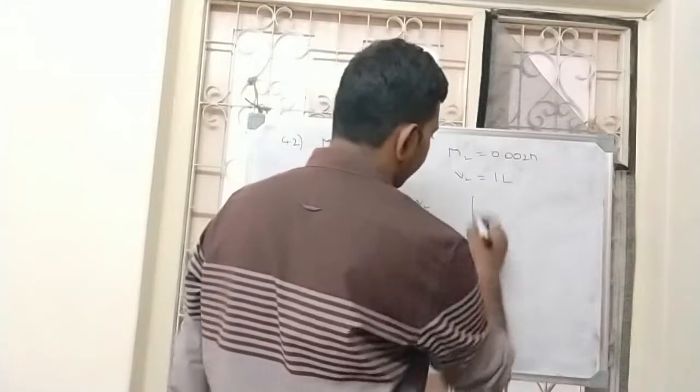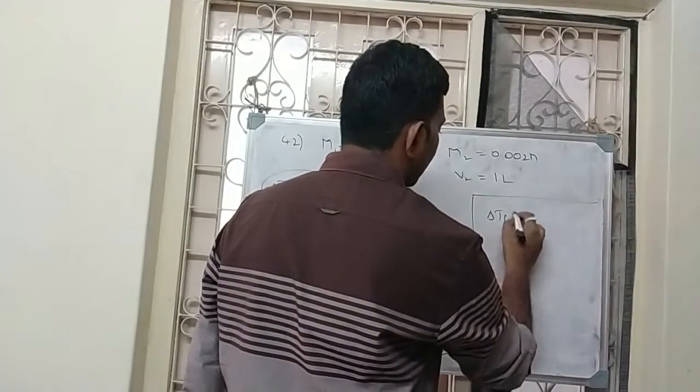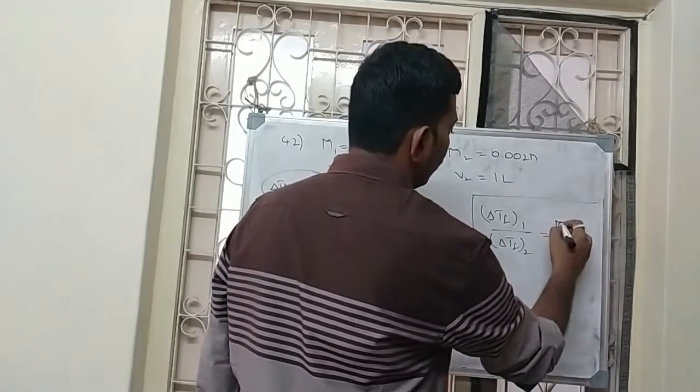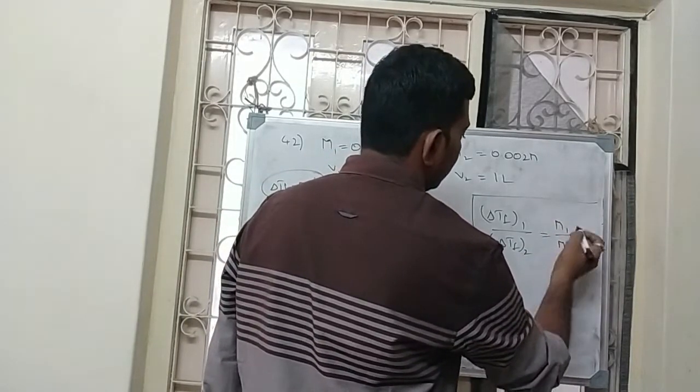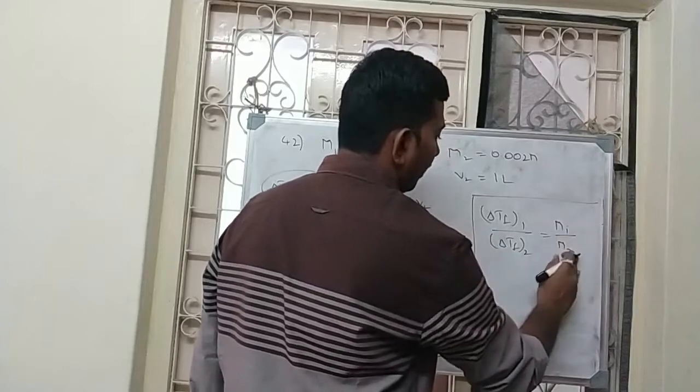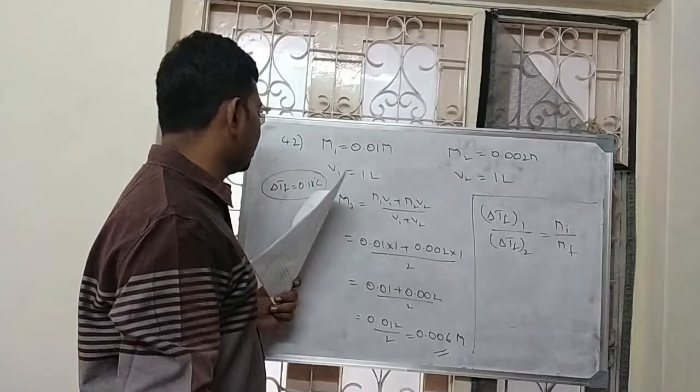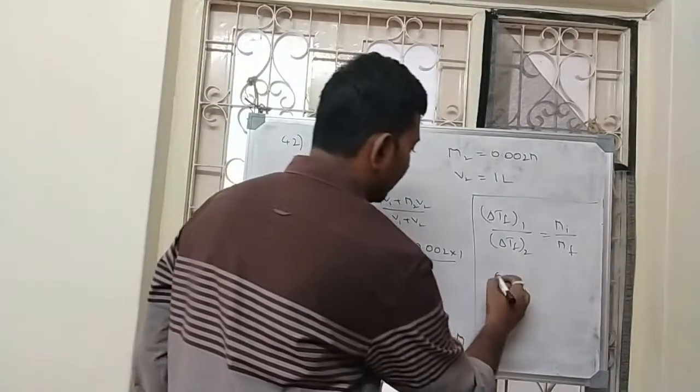So delta TF1 by delta TF2 is equal to initial concentration by final concentration. What was the initial depression in freezing point? 0.18.